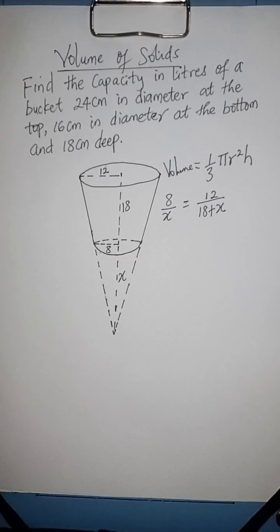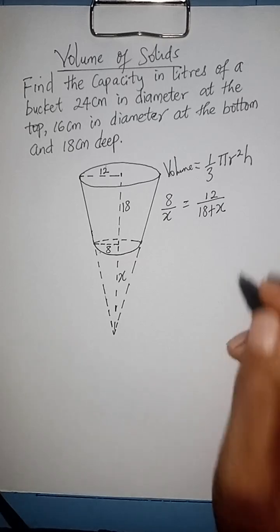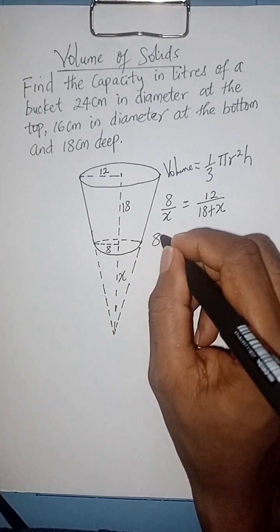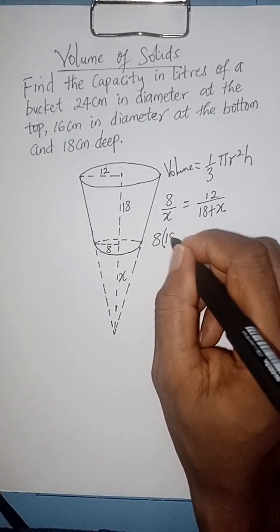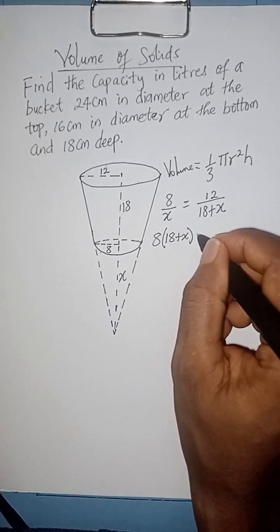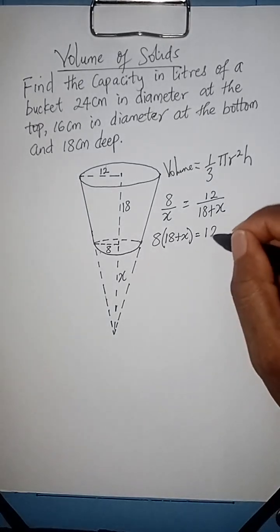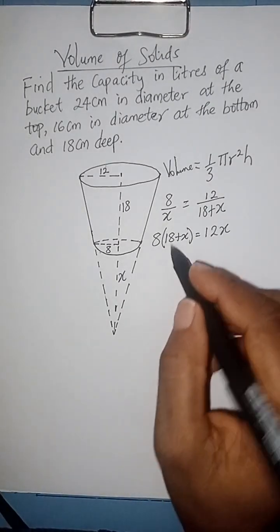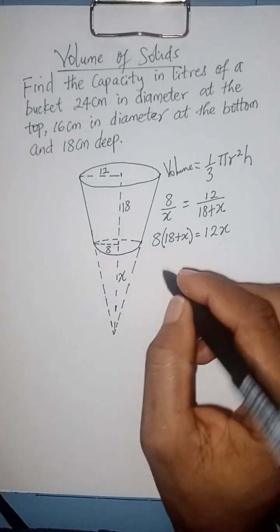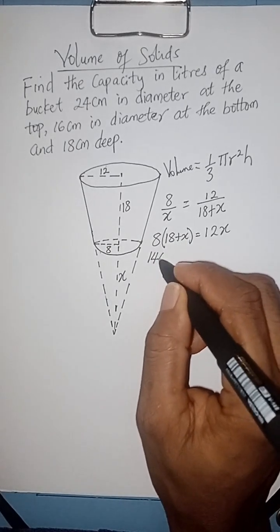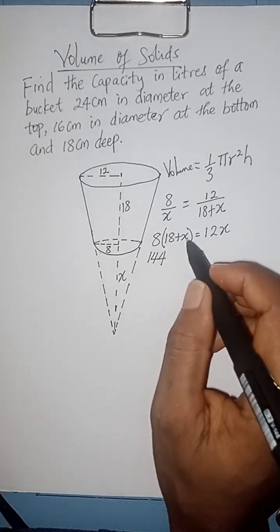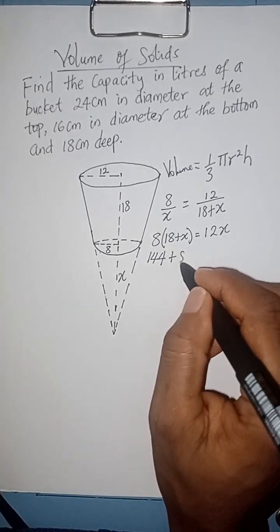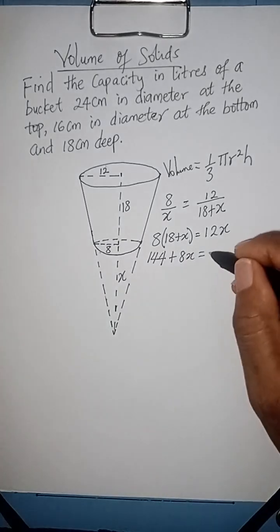So what do you do next? You cross multiply. 8 multiply 18 plus x equals 12x. So let's expand this bracket. 8 multiply 18 will give you 144. 8 multiply x will be plus 8x, equals 12x.